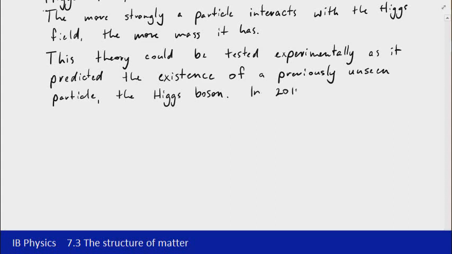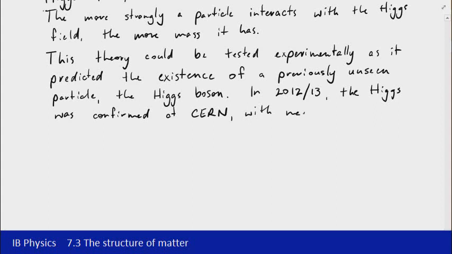And finally, some 40, 50 years past when the Higgs boson was first proposed, so 2012, 2013, the Higgs boson was confirmed. Experiments were conducted at CERN that showed a particle that had all of the properties that matched up to those predicted by theory that the Higgs boson should have.